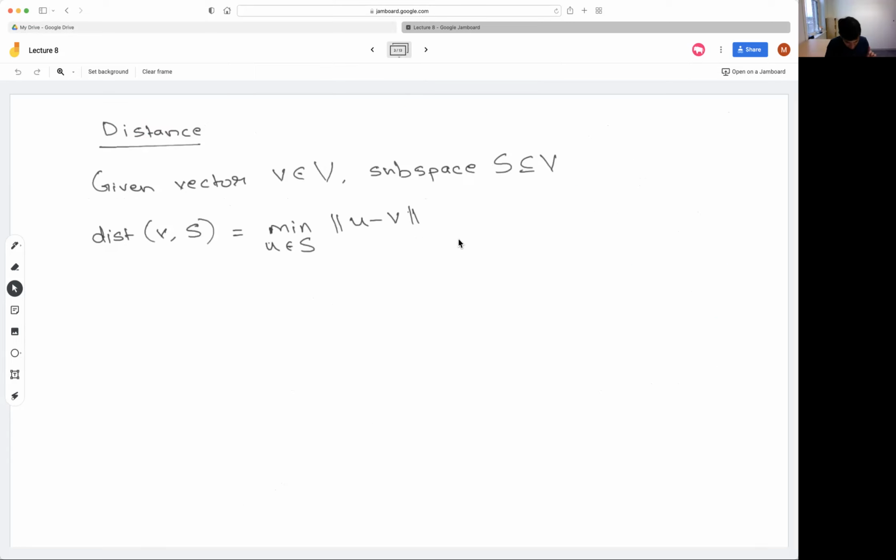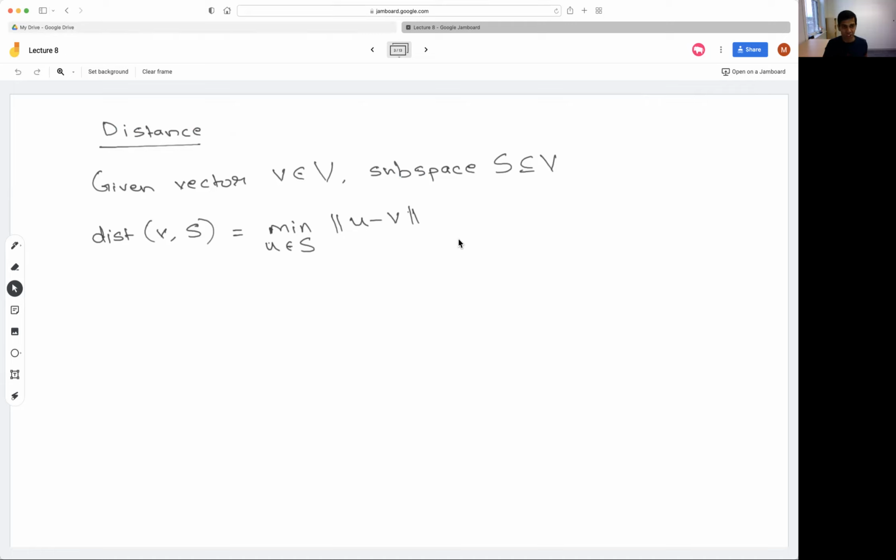And first, let's just clearly define distance. I'll define the distance of a vector v from the subspace S as just the distance of the vector from the closest point in the subspace. So I'll minimize over all points u in the subspace of the distance between u and v.